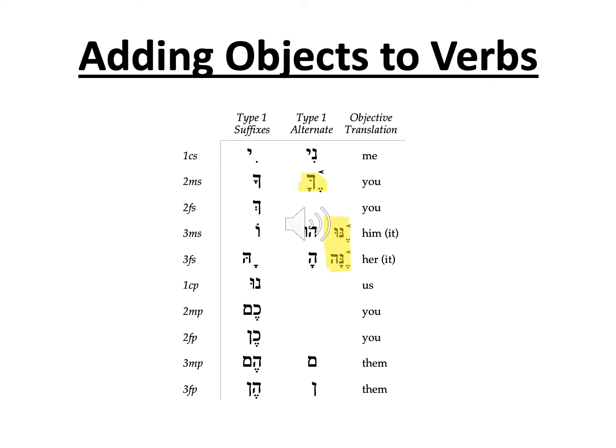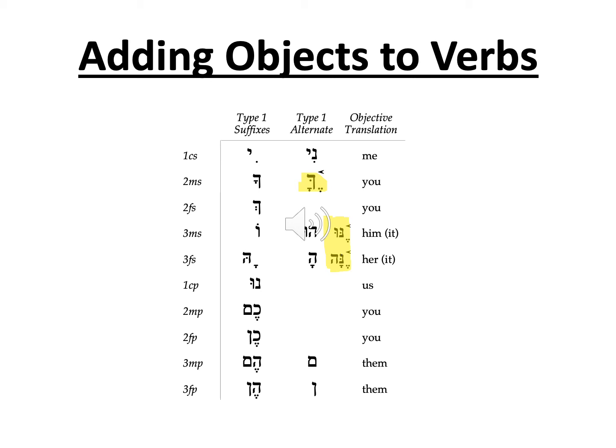I've highlighted 3 of these in yellow because these particular alternate forms all involve the letter nun. Nun in the 2MS assimilates into the kaf as a dagesh, causing the kametz to drop to the bottom of the letter as a vowel, rather than inset as in the normal 2MS.